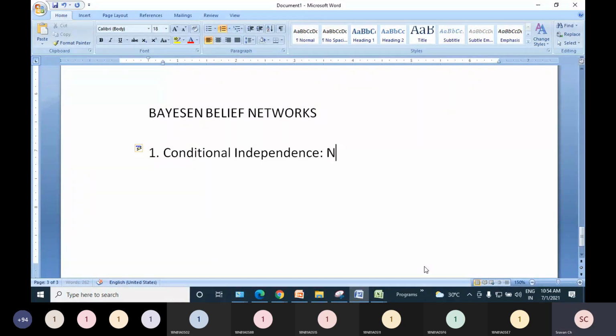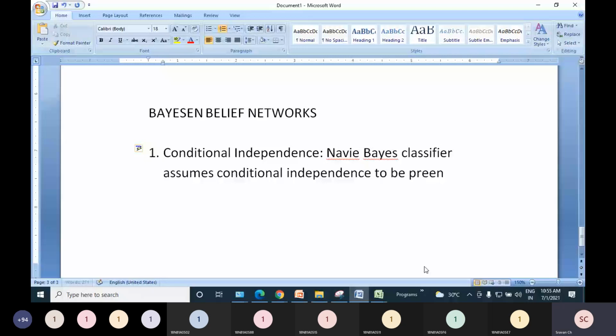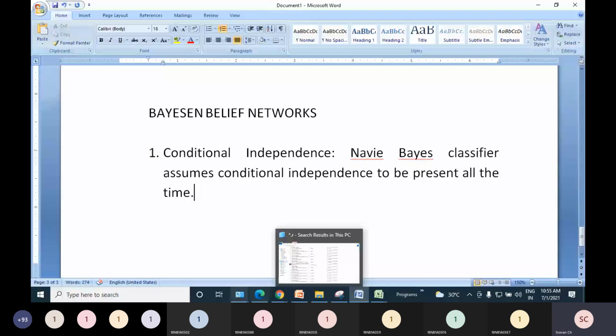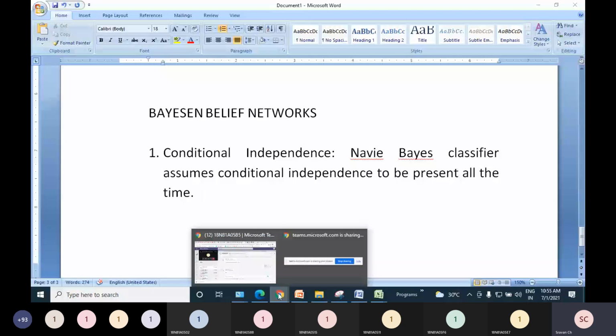The naive-Bayes optimal classifier, or simply naive-Bayes classifier, assumes conditional independence to be present. So first of all, what is conditional independence? That is what we need to know. Any guess or any idea?